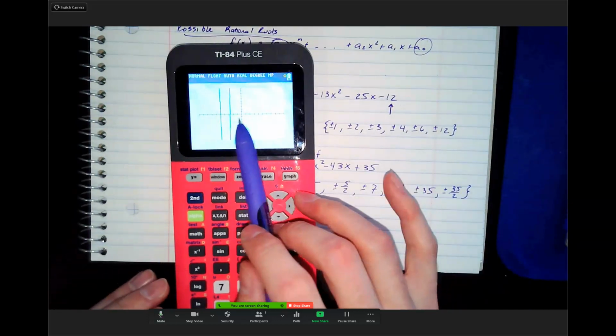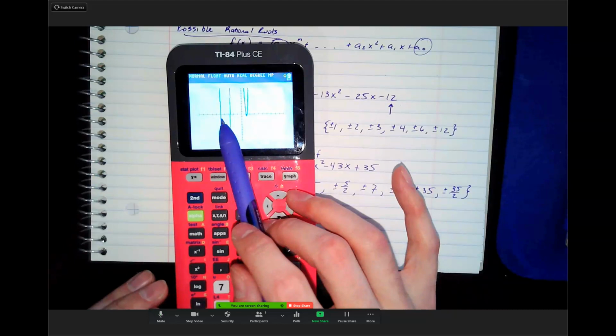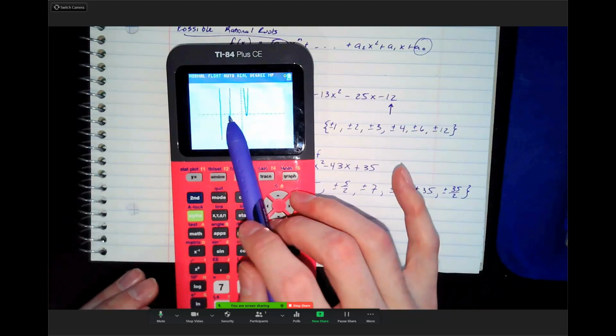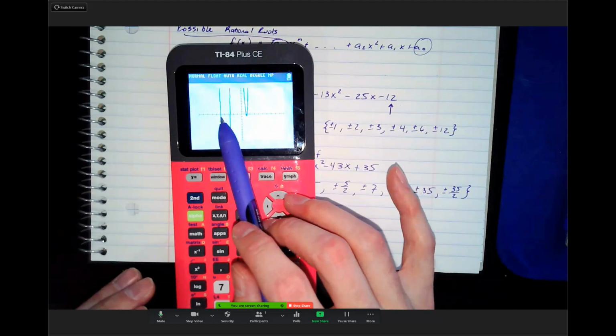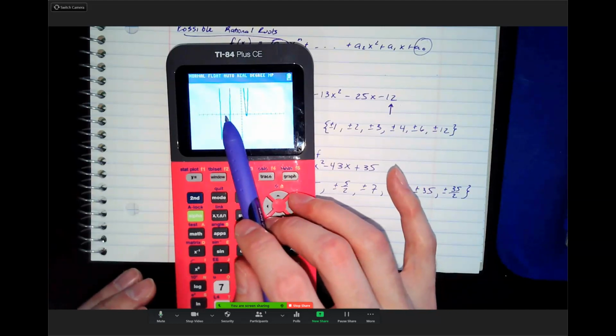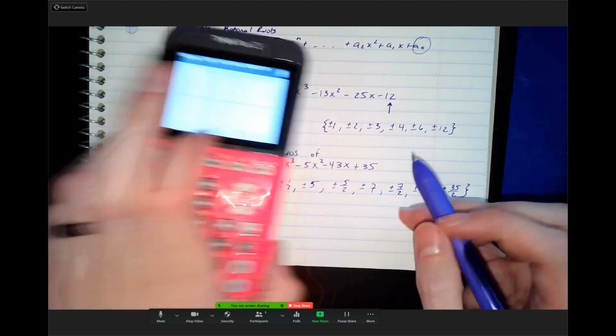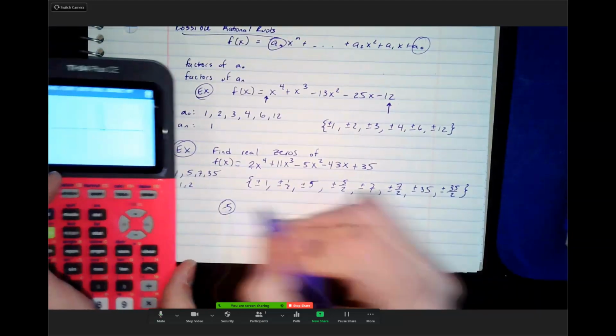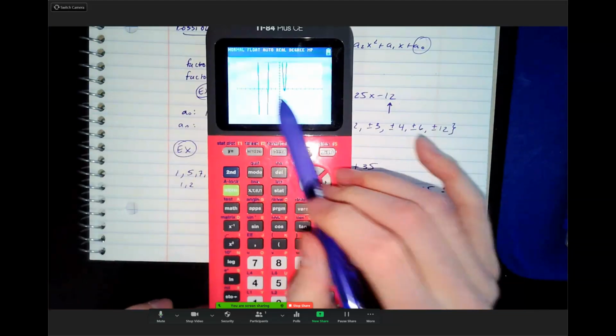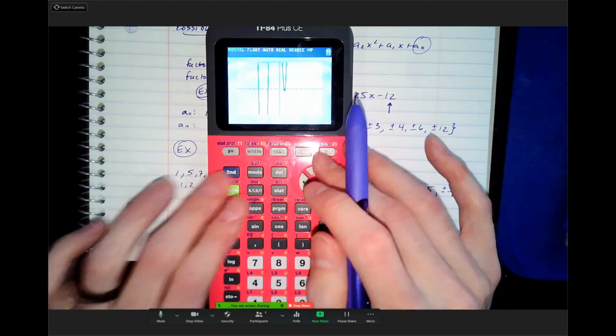And it looks like it crosses nicely in a couple places. Like right here, it's probably a little hard to tell, but it doesn't hit a nice number. Here, though, looks like 1, 2, 3, 4. It looks like -5 is an x-intercept, is a 0. It also looks like 1 is as well.